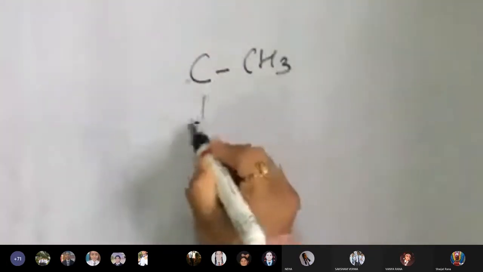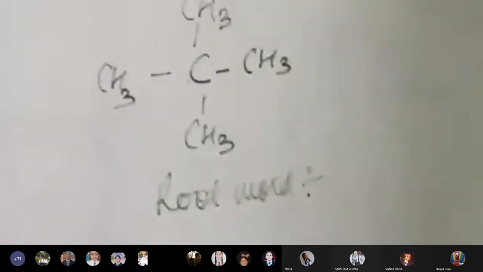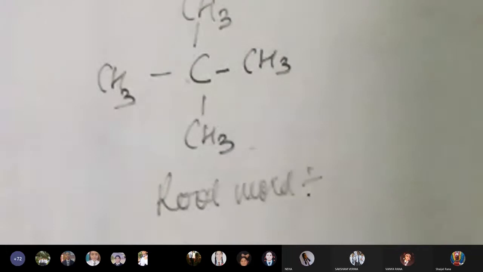So I'll write here compound CH3, CH3. Here also it is CH3, and here also it is CH3. You need to find the root word for this compound. Right now you can forget hydrogen, only concentrate on numbering. How you will number it, and you have to tell me the root word for this.